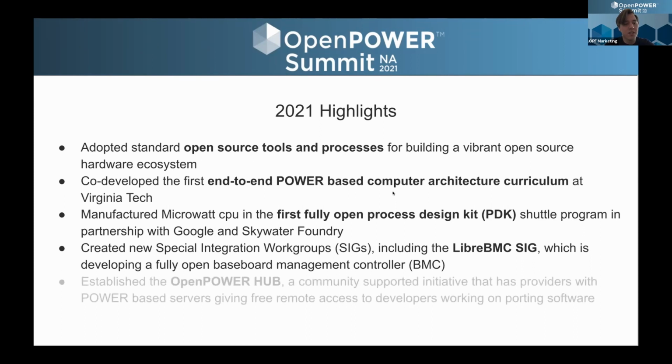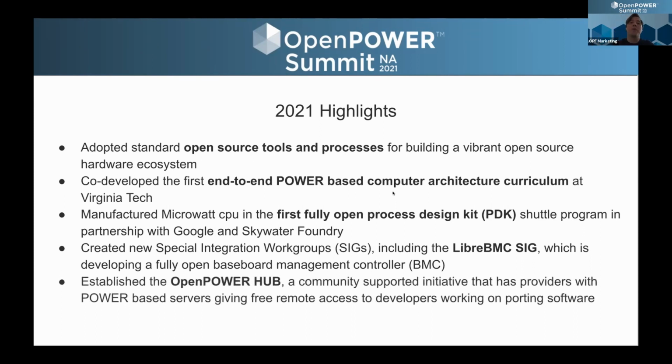Then we established the OpenPOWER Hub and the OpenPOWER Hub Working Group, which provides easier access to Power systems so people can start porting software. Even though we have a very vibrant ecosystem of software already running on Power, and most things already run on Power, there are certain things people want to try out and new things coming down the pipe.